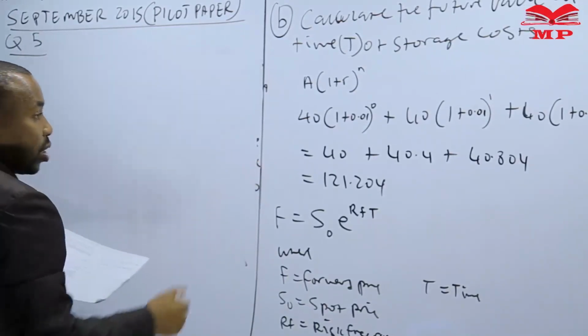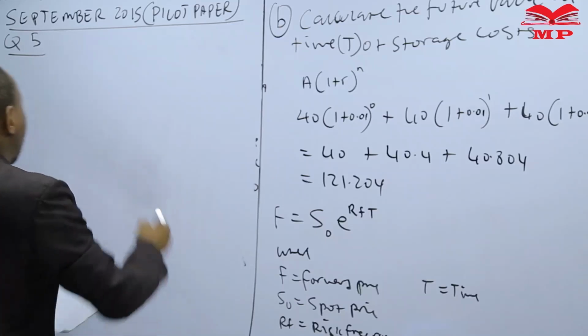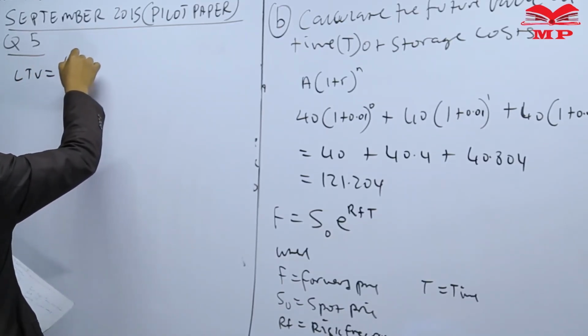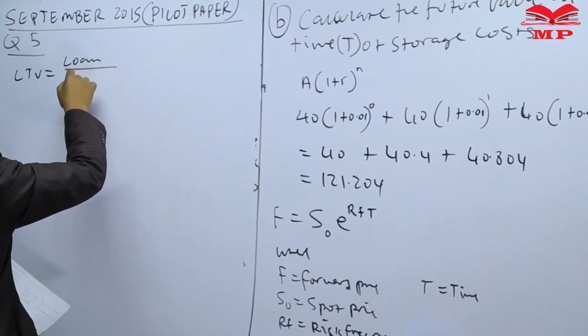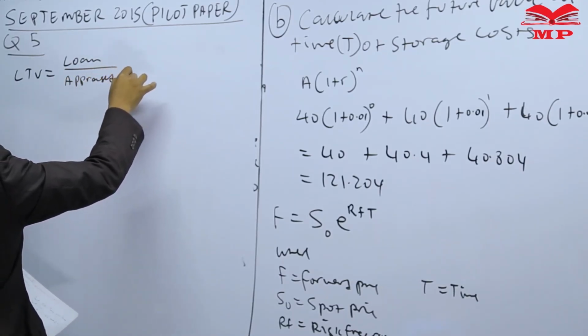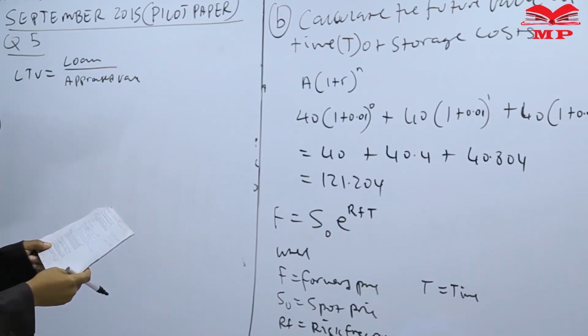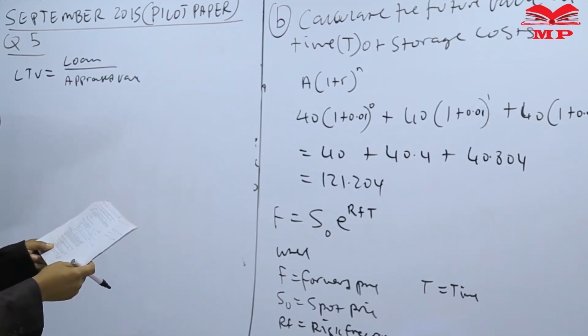Using, for example, the loan to value ratio, LTV is given as loan amount over appraised value. In this case, we have been given a 10% interest-only loan that has just been appraised for 1.2 million. So that is the appraised value.